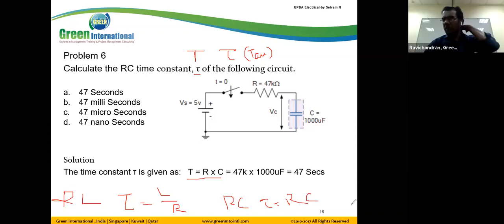So just remember this formula. Here from this circuit, we have R equal to 47 kilo ohm and capacitor 1000 microfarad. So 47 kilo ohm into 1000 microfarad gives 47 seconds. So this is the time constant for this particular circuit.